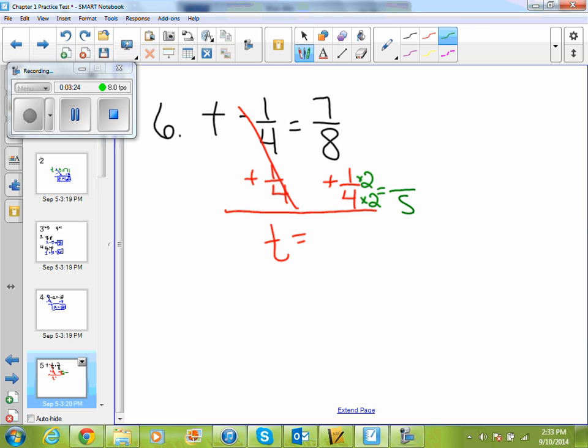So this actually becomes 2 over 8. So that's what I'm going to add. Okay, so then when I do that, my denominator stays 8 because now they're the same, and 7 plus 2 is 9. So T would equal 9 over 8.